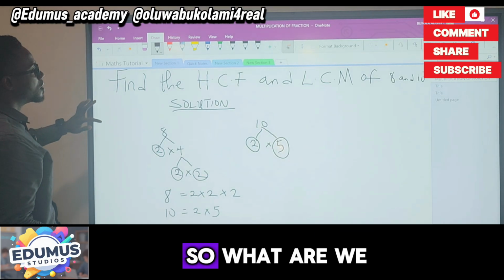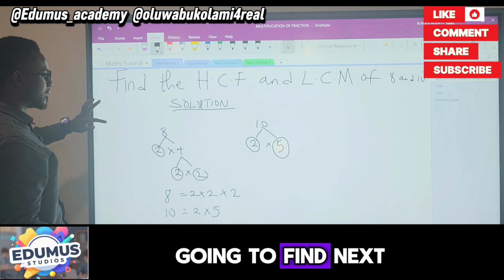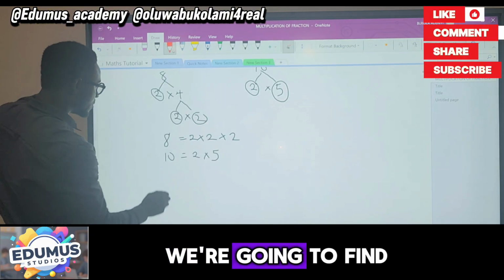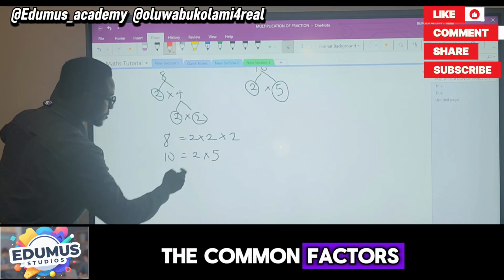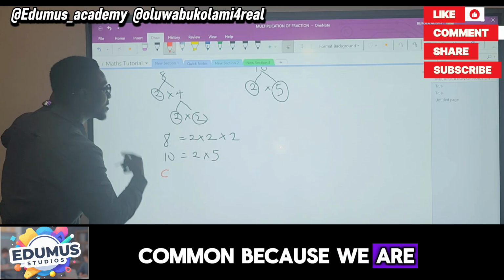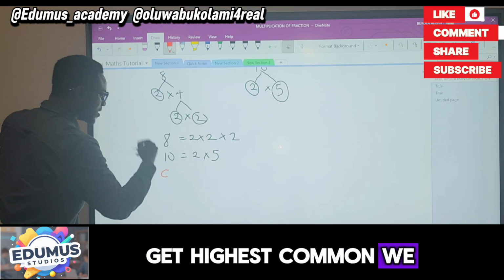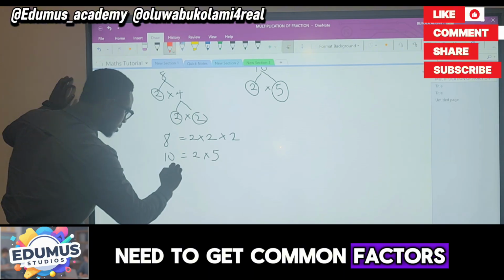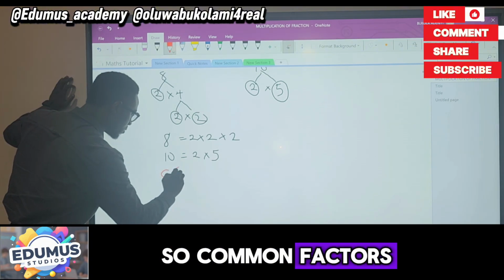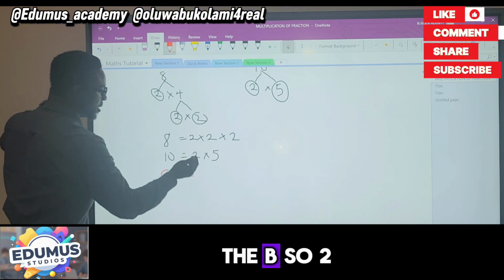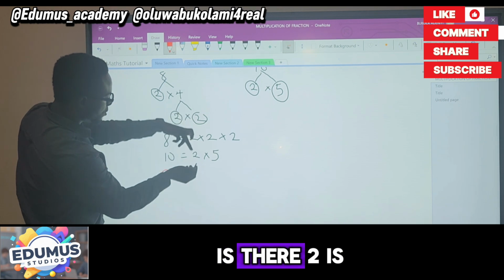So what are we going to find next? We're going to find the common factors. Because we are looking for highest common factors. So for us to get highest common, we need to get common factors. So common factors will be, so 2 is here, 2 is here.